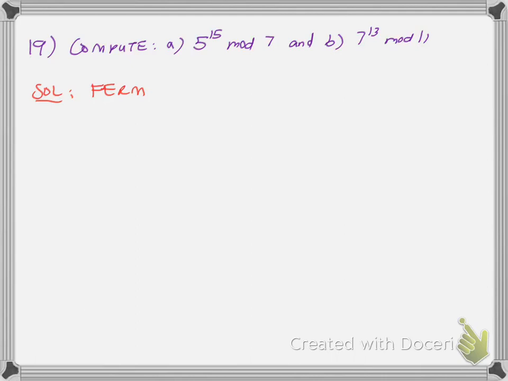So by Fermat's theorem, and I guess you could also think about using Euler's theorem as well, right? But Euler is a specialized form of Fermat's. So we really are using Euler because it's a specialized form of it.